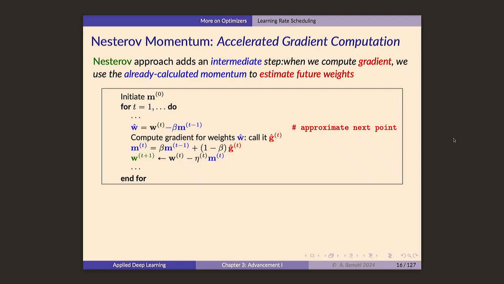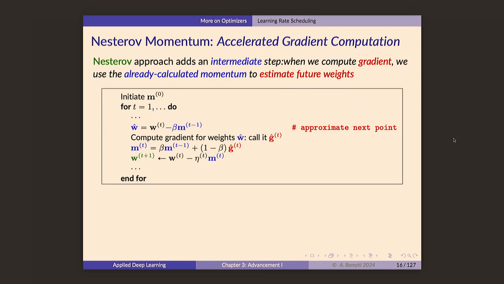I get closer to w t, and at that point I compute the gradient, and then I average. It might sound a bit crazy, but it works, and it has a proof. It's not coming out of the sky, but I'm just trying to explain it intuitively.